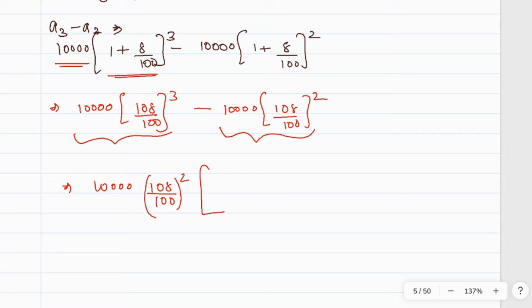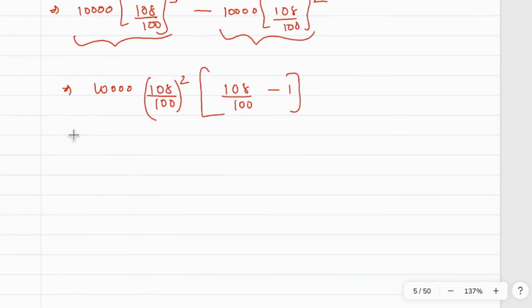So what is left over here? The leftover is 108 divided by 100 minus 1, since the entire part is taken outside the bracket. This can be written as 10,000 into 108 by 100 into (108 minus 100) divided by 100, which is equal to 8 by 100.